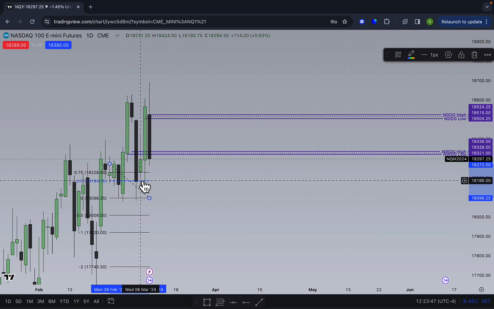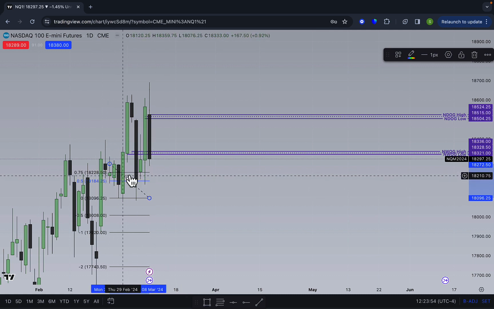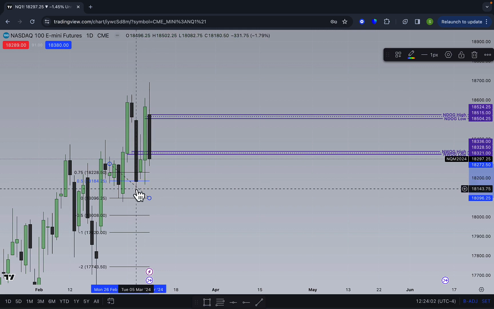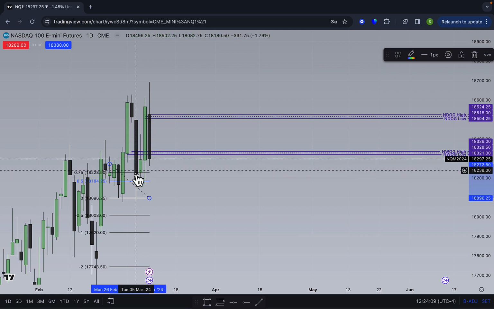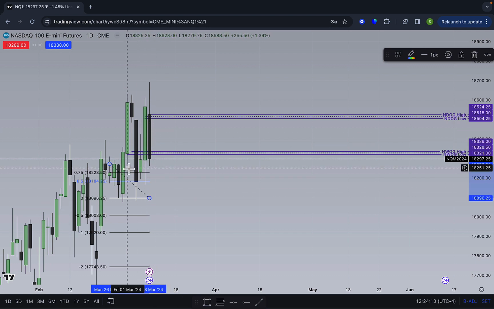But then the following day, we drop down, don't even touch it. The body, the open, is right at the first quadrant of that order block. And then the following day, we drop down, we tap the mean threshold, rally, close above the order block, and we don't even respect the mean threshold of that at all. We just stab it and run up.